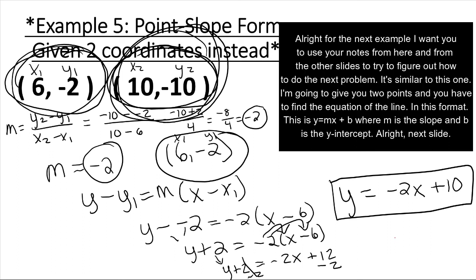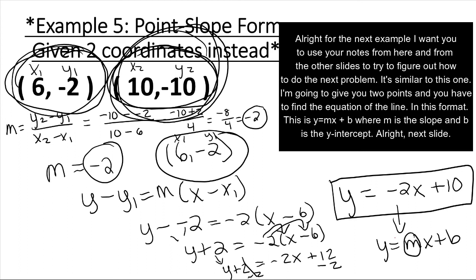All right, for the next example, I want you to use your notes from here and your notes from the other slides to try to figure out how to do the next problem. It's similar to this one. I'm going to give you 2 points, and you have to find the equation of the line. Okay, in this format, this is y equals mx plus b format.